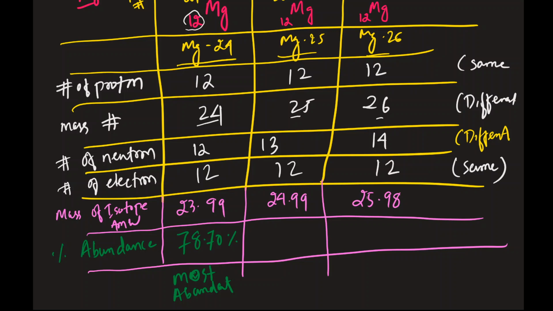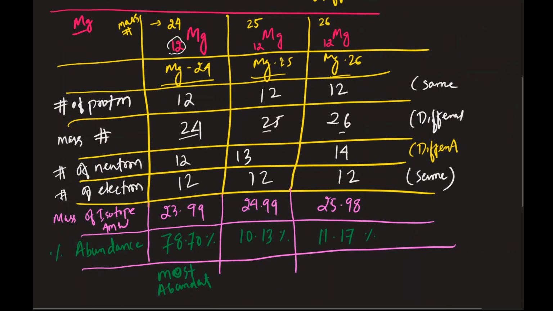Then only 10.13% are Mg25, and only 11.17% of them are going to be Mg26. You don't have to memorize these numbers, except the number of protons, neutrons and electrons, but know what the mass of isotopes and abundance mean.